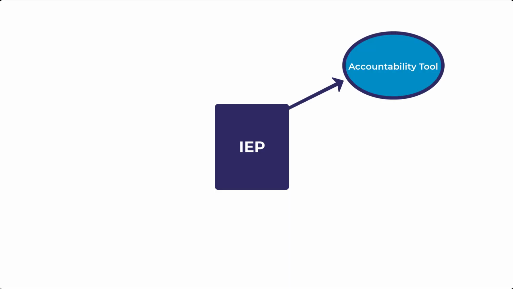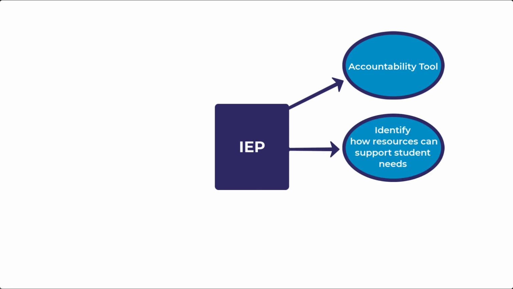So this now brings us to our final discussion of this presentation. We have a great overview of exactly what the IEP can do. We've discussed many of those components. We've discussed what happens before the meeting as well as during. And it's important to keep in mind that the IEP is an accountability tool that will identify how the resources of a school need to be configured to support the student's unique needs.